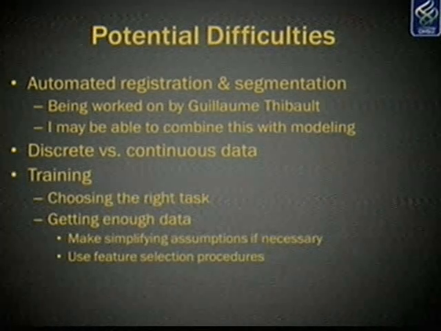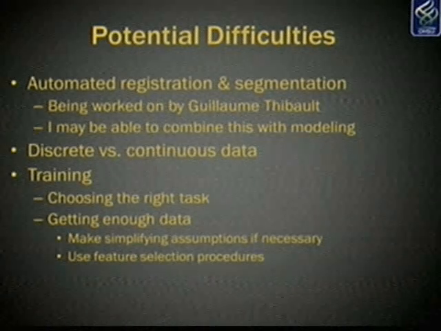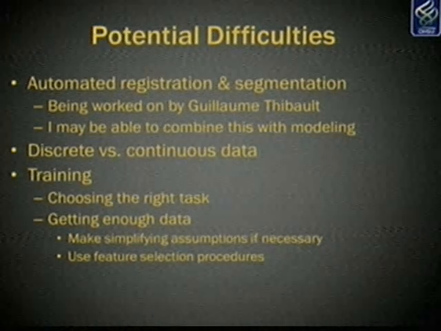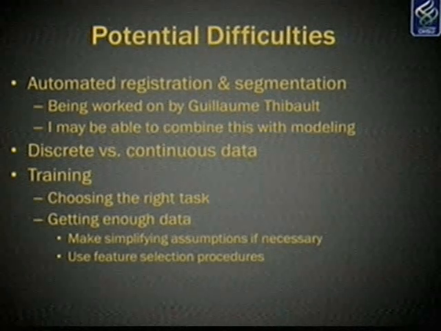And then training is always a big problem. You need some defined end goal that makes sense, and we need enough data to be able to train however complicated a model I decide to use. So simplifying assumptions might be necessary.